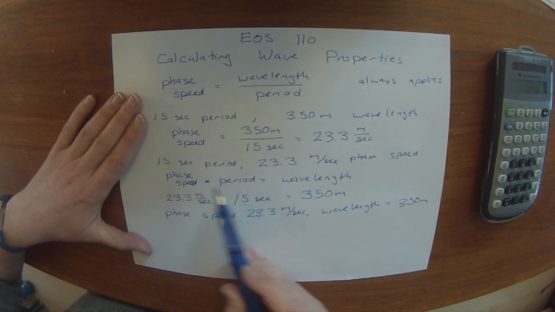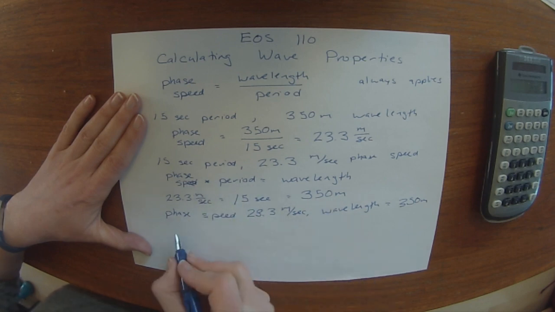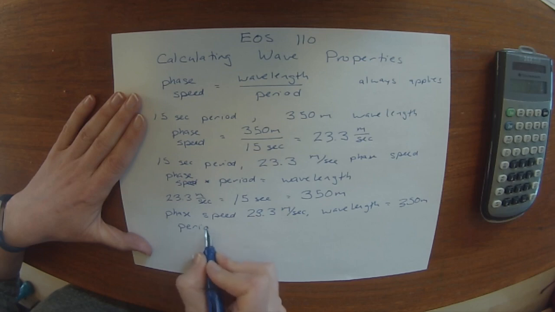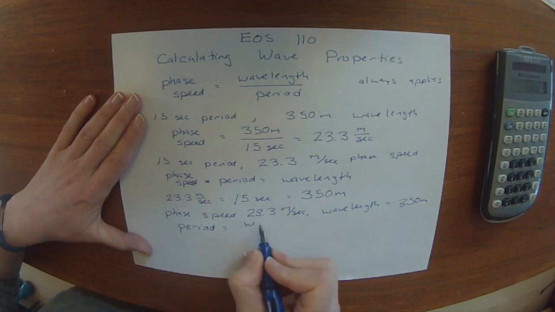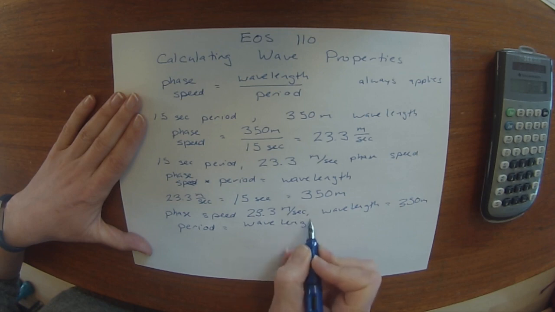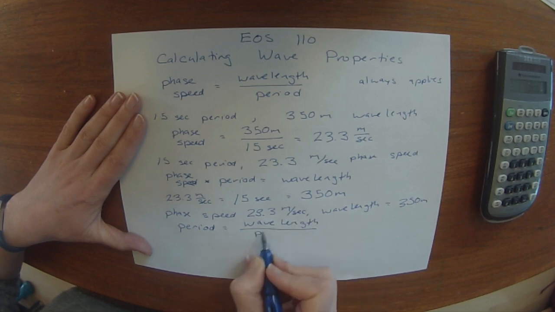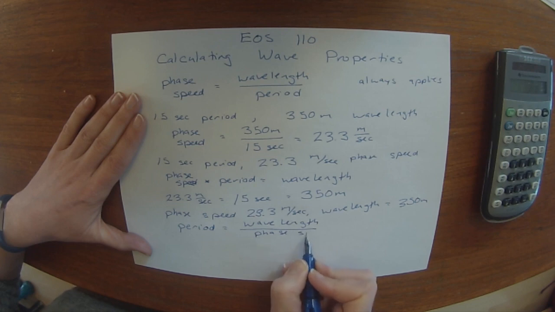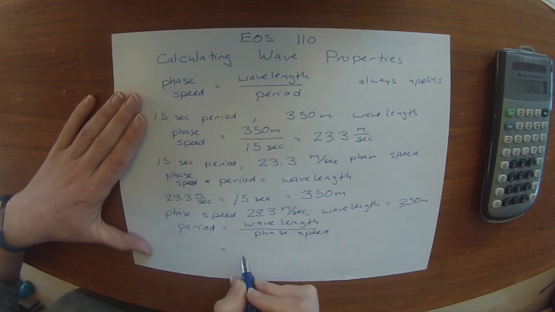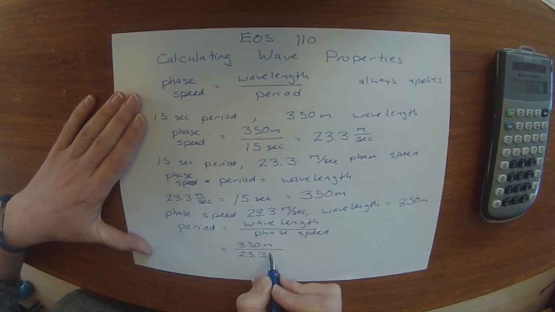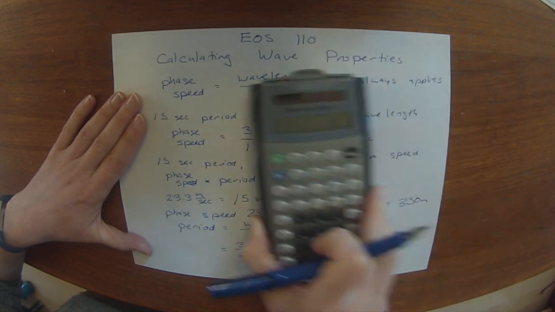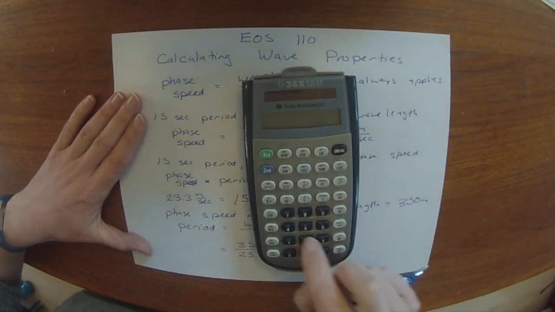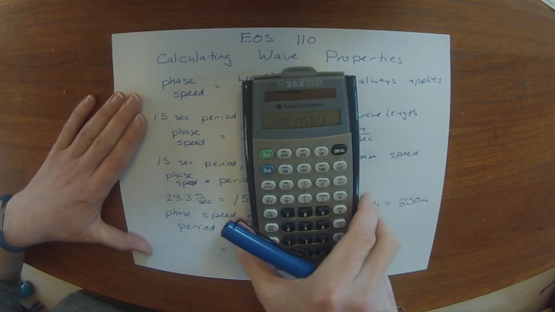We can see we could calculate period if we divide both sides by the phase speed. We get period equals wavelength divided by phase speed. In this case, we have 350 meters for our wavelength, 23.3 meters per second for our phase speed. 350 divided by 23.3. Indeed, we get 15 seconds.